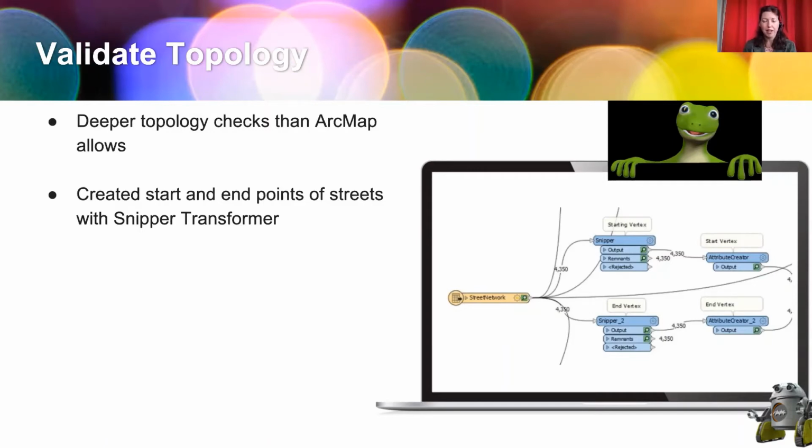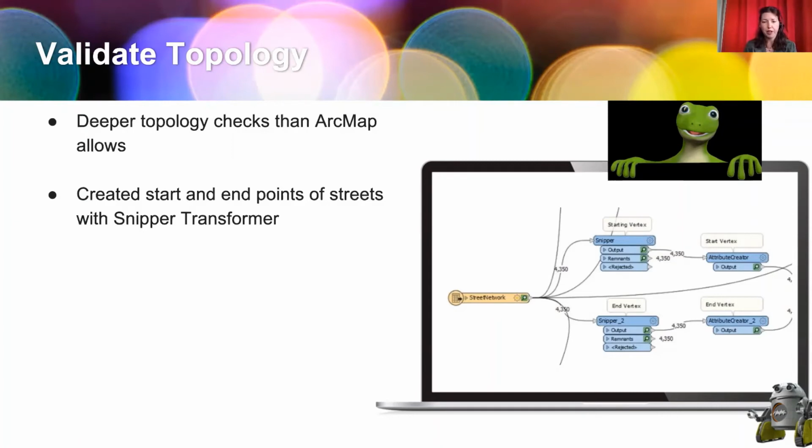ArcMap has always allowed us to verify if each line is covered by another line, but it won't determine if it's done by two sets of two streets at a four-way intersection, if all four lines are stopped. For example, if we had one intersection coming like this and another one coming like that, ArcMap would not find that as an error, but that is definitely an error for routing the trucks. So we want to make sure that we have the proper number of intersections.